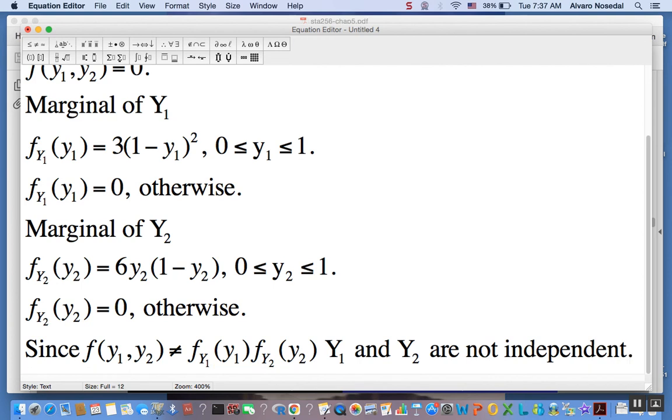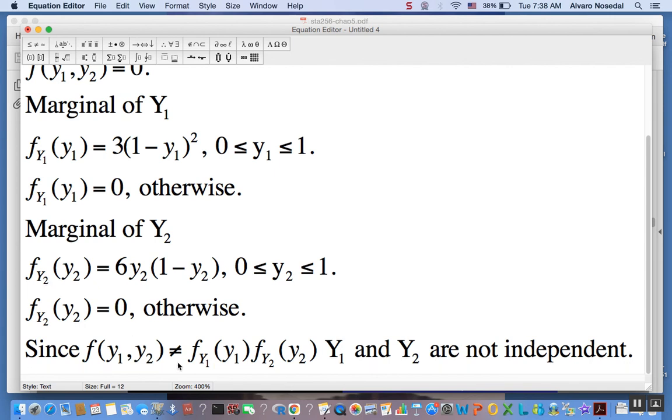independent. That's better. Okay, so just to summarize what we did in this video, we discussed the concept of independence, and there are different ways of showing independence between random variables. This is one way. If you can show that the joint PDF equals the product of the marginals, then your random variables are independent.